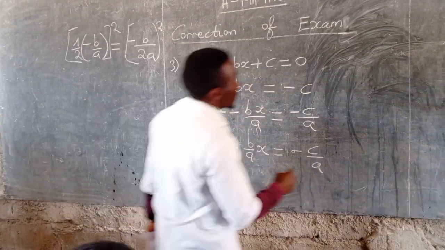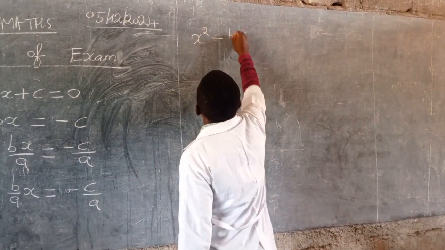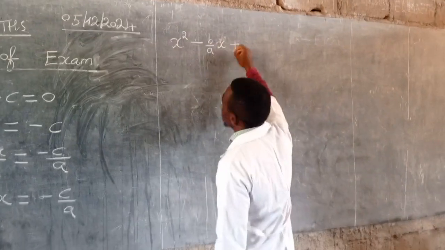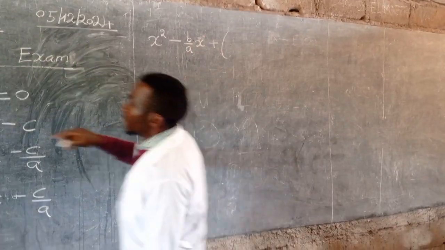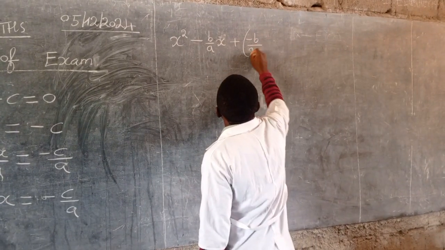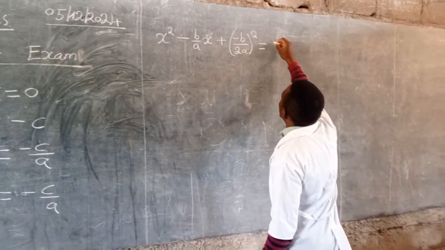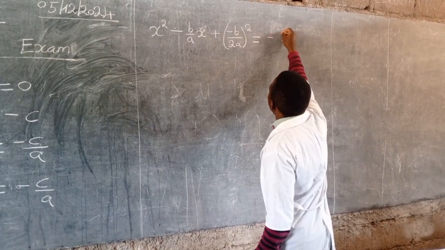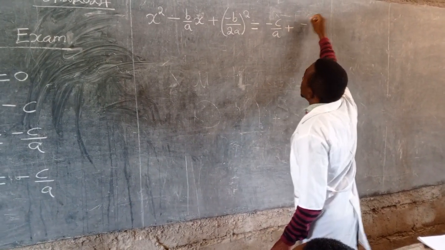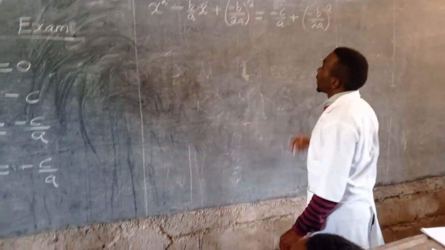And this will give us x squared minus b over a x plus negative b over 2a, all that squared, is equal to negative c over a plus negative b on 2a, all this squared.